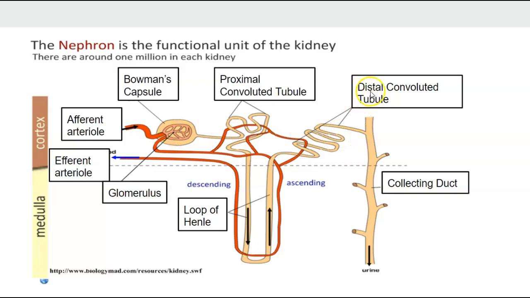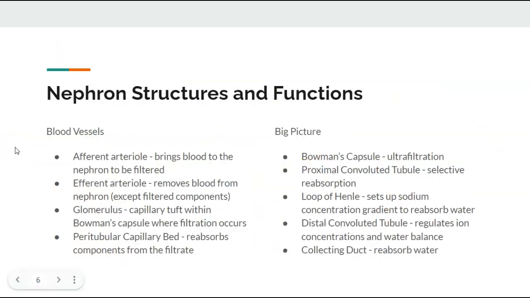So it's distal. It means further away. If you take anatomy, you've heard these words before, but if you're going into nursing or anything medical, you will love and hate learning all of these types of words. And then finally, it goes into the collecting duct, which leads to the bladder.